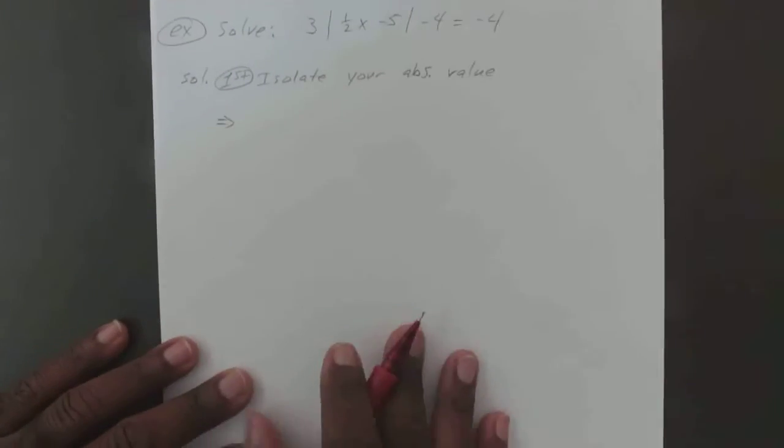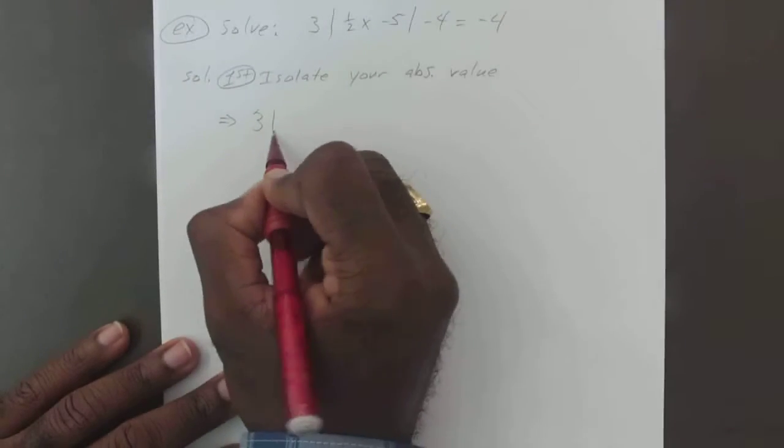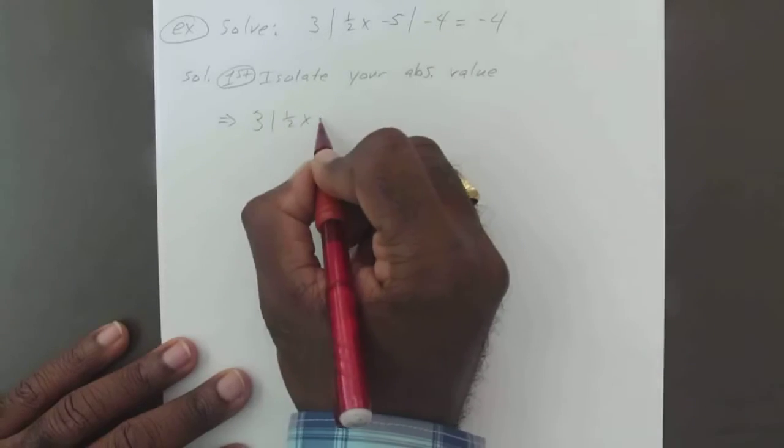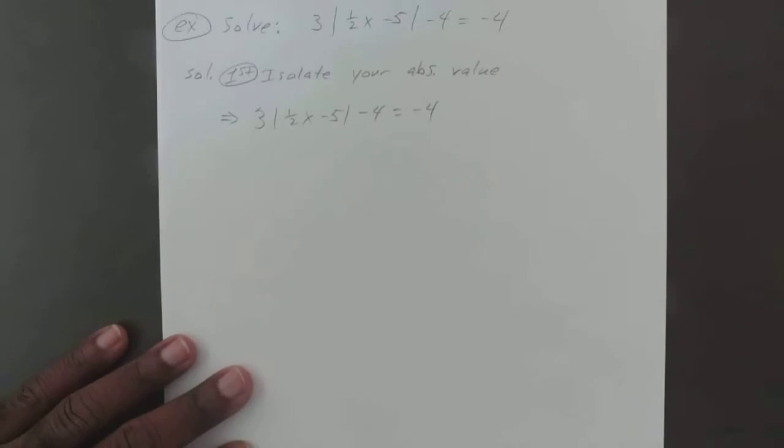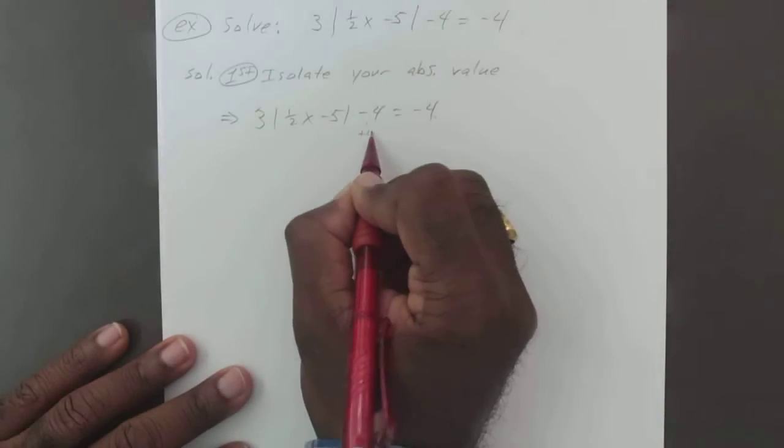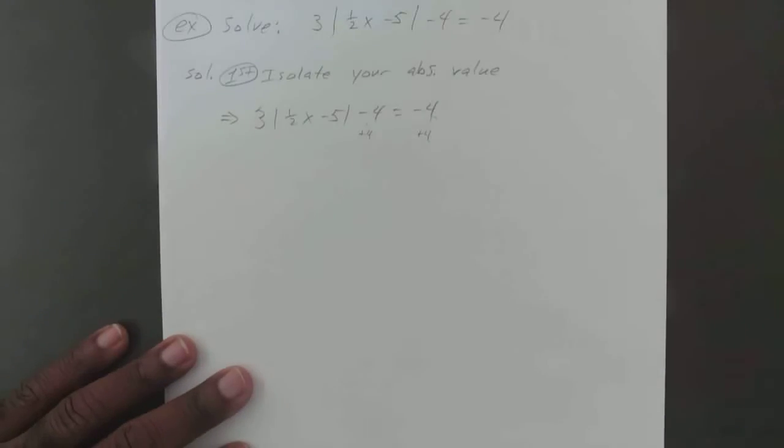So that means if we started off with 3 times the absolute value of 1/2 x minus 5, minus 4 equals -4, we just have to add 4 to both sides. Where that just cancels out, so that's 0.